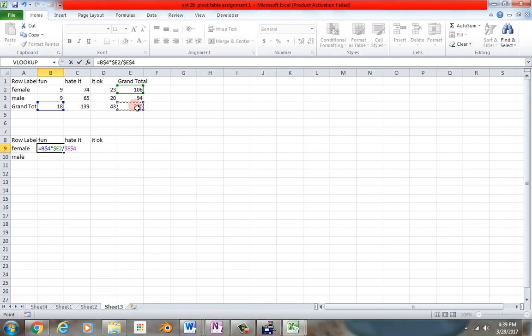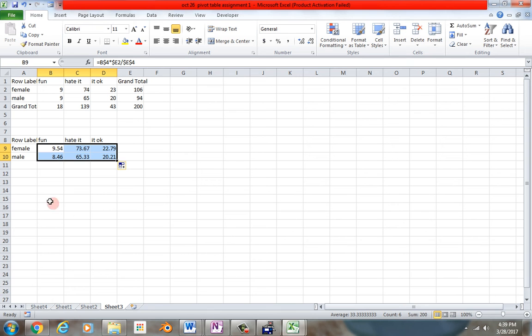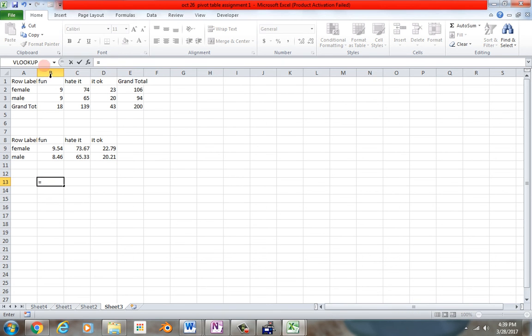Type them in. Okay. So notice, of the 18 people who think math is fun, 9.5 of them should be women, 8.46 of them should be dudes. And we just drag it across. Notice how close we are to the actual values. Weird.